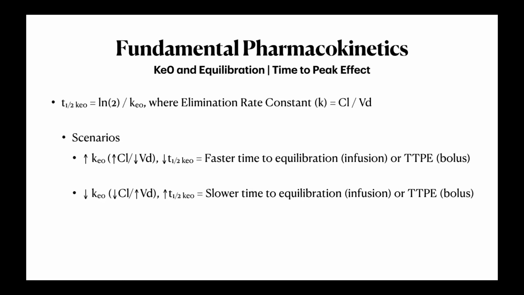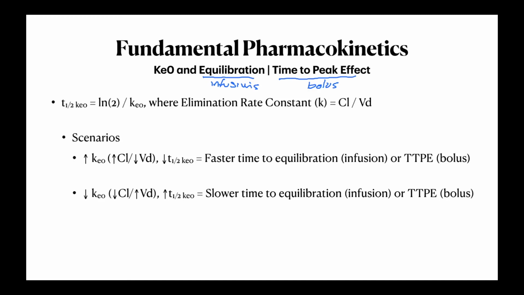What we've talked about is the equilibration of the effect site and the plasma, or the plasma and the infusion at steady state. So we're talking about an infusion. When we talk about time to peak effect, we generally talk about bolus dosing. So equilibration tends to be for infusions. Time to peak effect tends to be when we talk about bolus dosing. But they are analogous in terms of the time.